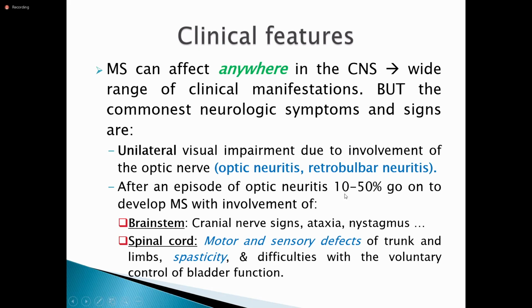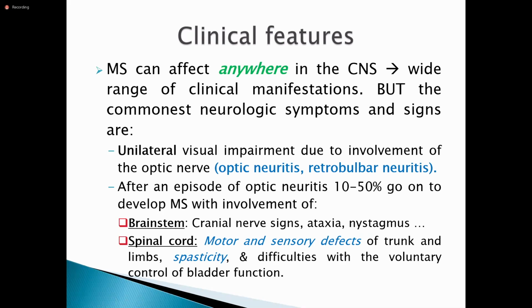After an episode of optic neuritis, 10 to 50% go on to develop MS, with involvement of the brainstem, so they develop ataxia, nystagmus, and cranial or spinal cord motor effects: weakness, limb spasticity, difficulties with voluntary control of bladder function.